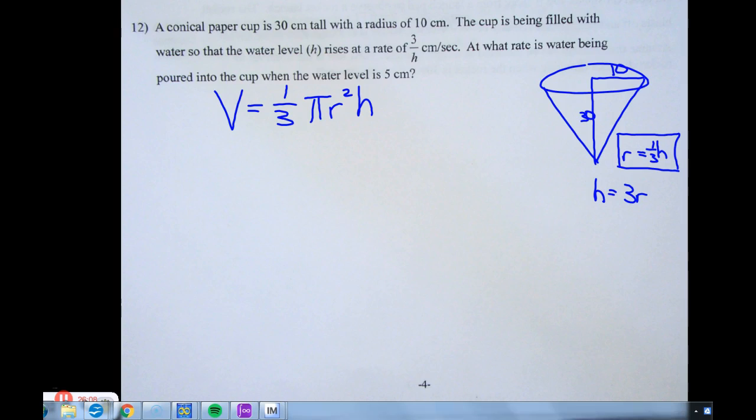That's the same thing as saying r equals 1/3 h. Aren't they the same statement? What I see is a bunch of h's in the problem, so I'm trying to get rid of the r's in the problem. That's why I'm choosing that one instead of the one you said.